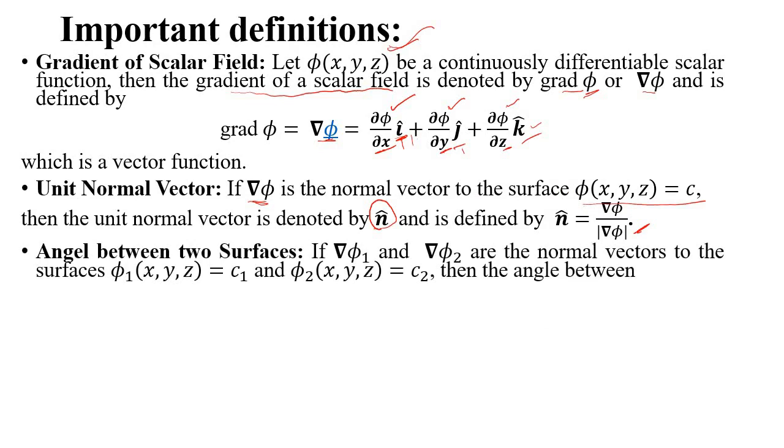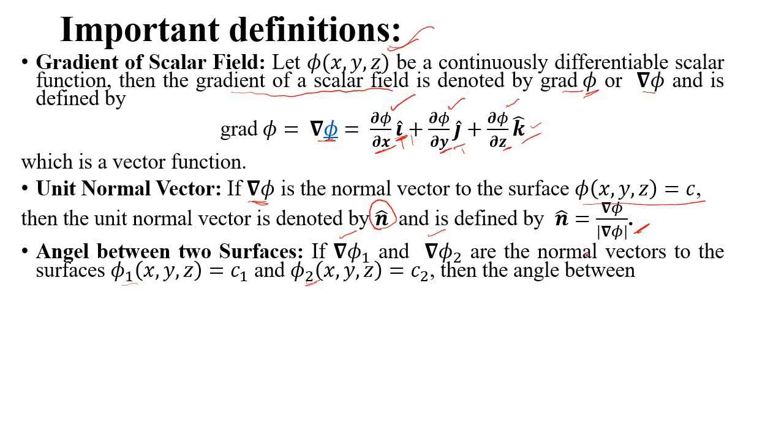Now when you have two surfaces, how do we find the angle between the two surfaces? For that we are going to use this gradient concept. As usual, we have two surfaces. The first surface is phi 1 of x, y, z equal to c1, and another surface phi 2 equal to c2. Then to find the angle between these two surfaces, first we need to find the gradient of the first surface phi 1, that is del phi 1, and the gradient of the second surface phi 2, that is del phi 2.